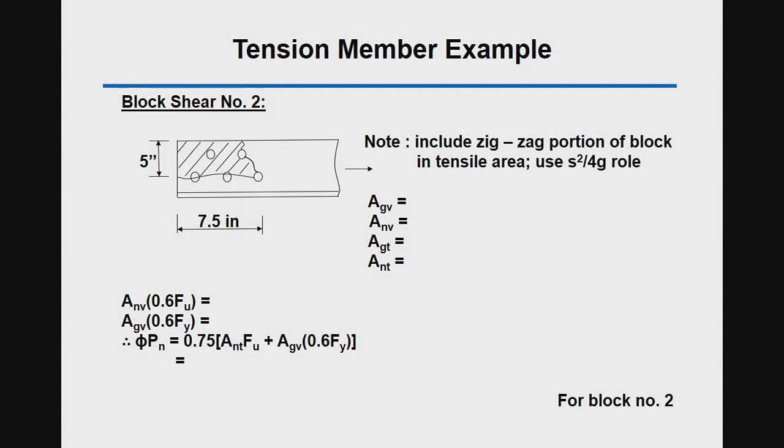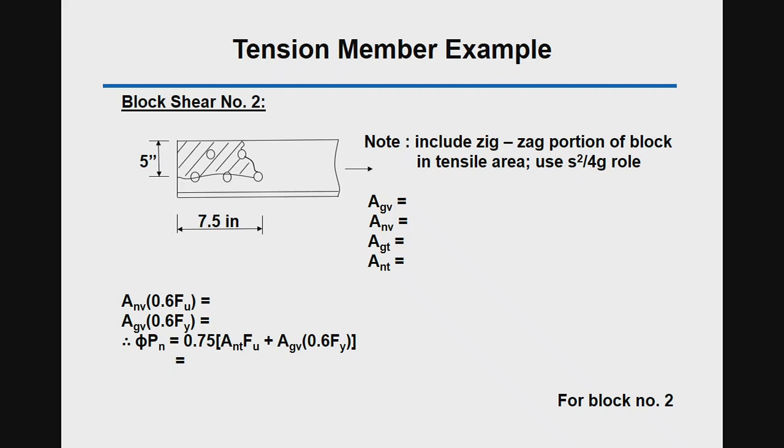Similarly, we have to check the VPN based on this shape of block shear, right? So we just repeat the same procedure. Determine the 4 areas in order to calculate the block shear.